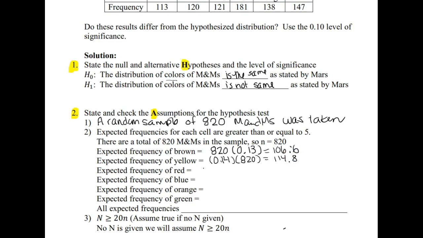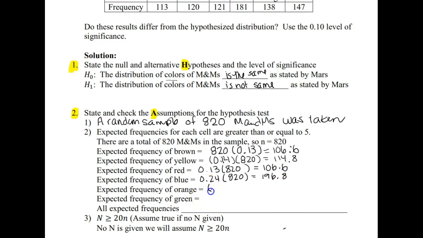Let's see, red is also 13%, so same as brown, so we would also expect 106.6. Blue, they say that 24% of all M&Ms are blue, so we're going to take 24% of 820, and that gives us 196.8.